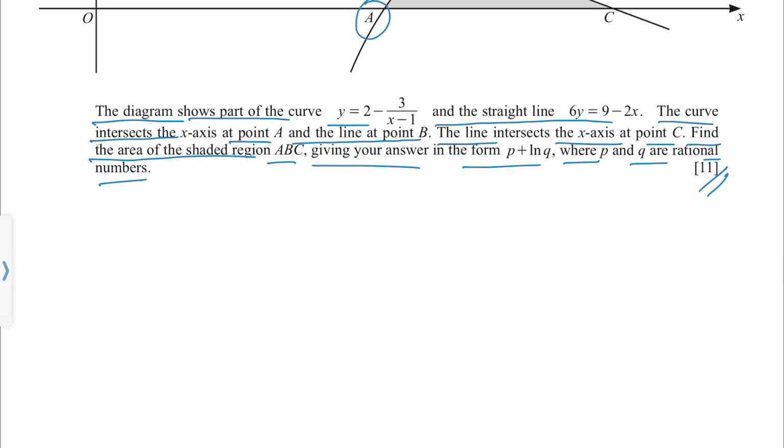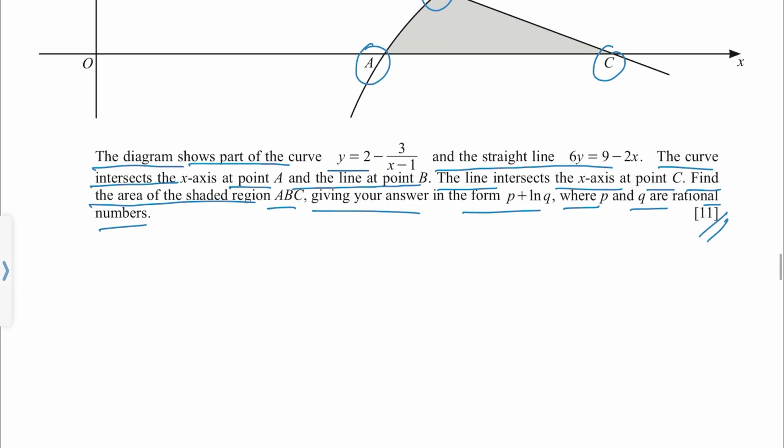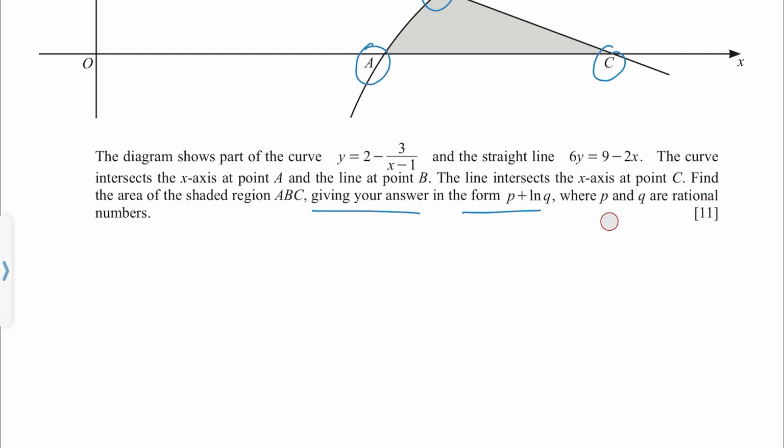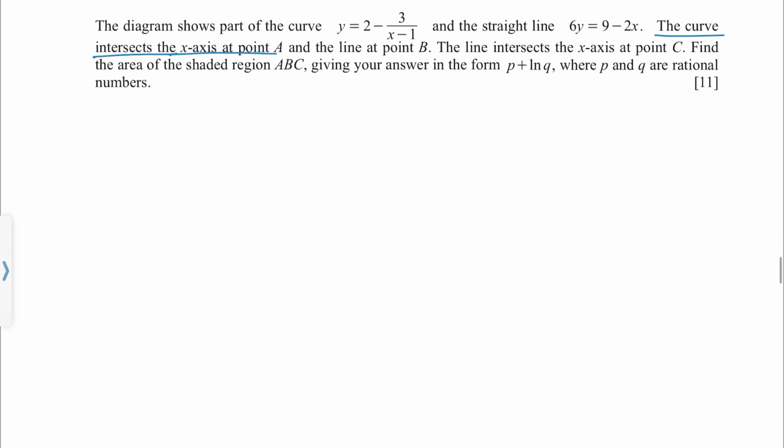So first of all, we need to calculate the value of A, the value of C and the value of B. What is the value of A? Since the curve intersects the x-axis at point A, y is equal to 0 for the curve, and then we will calculate the value of x. 0 is equal to 2 minus 3 over x minus 1.